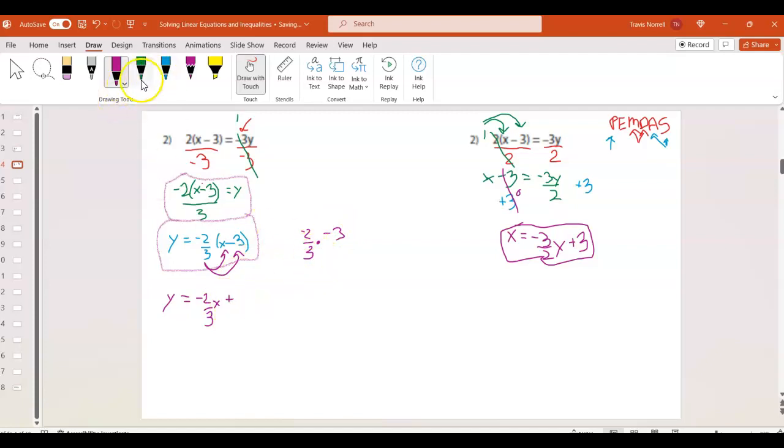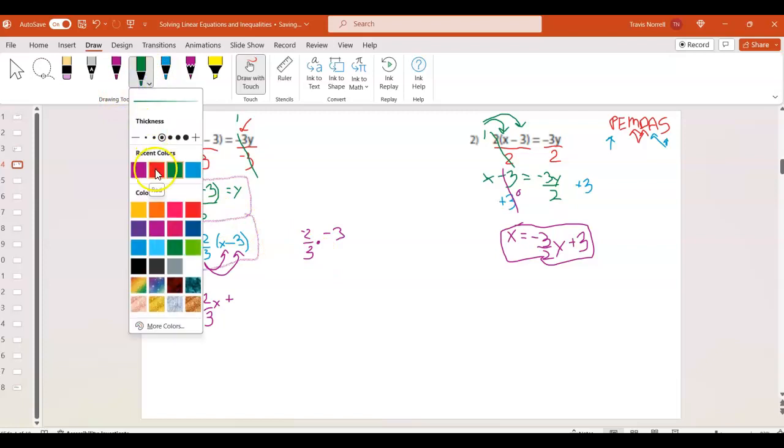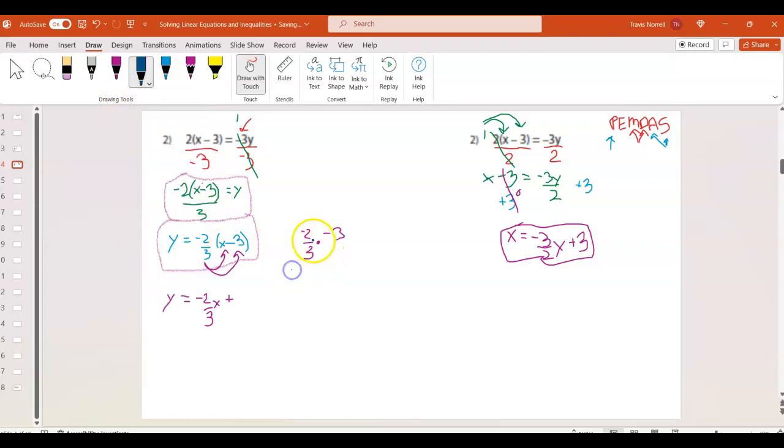And we can simplify this a little further by saying that 3 will go into 3 one whole time. So 2 times 1 would just be 2. So there would be your y equals mx plus b form. If you wanted to put it on a graph, we won't worry about that today. So you could distribute that out further if you wanted to.